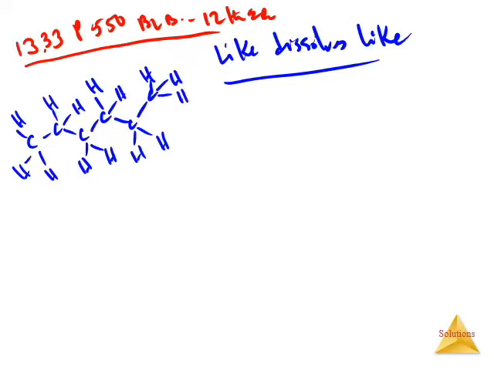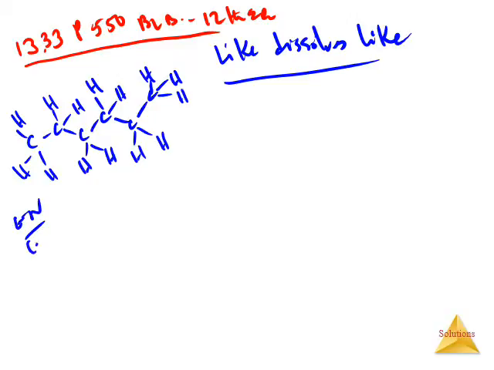So this is hexane. Now, if you have doubt about polarity, you can look at figure 8.7 that gives all electronegativity values. Now, electronegativity of carbon and hydrogen are pretty close. So carbon, let's write down some of these figures.